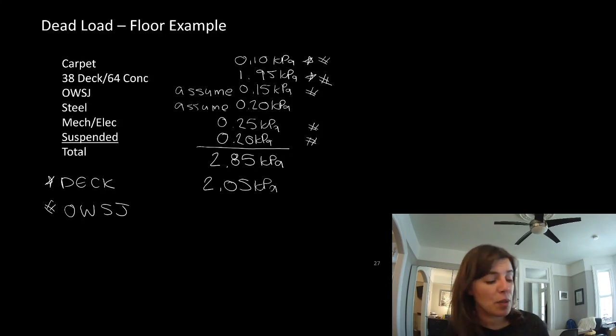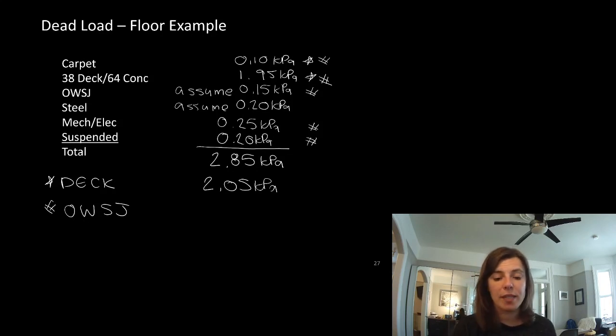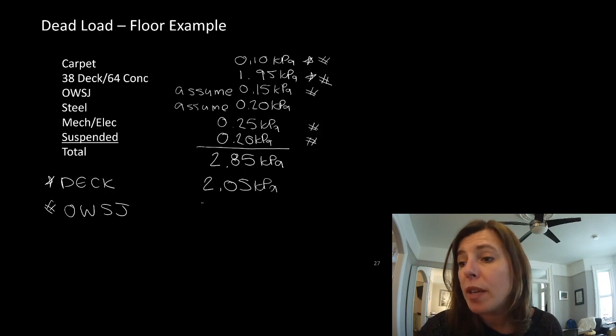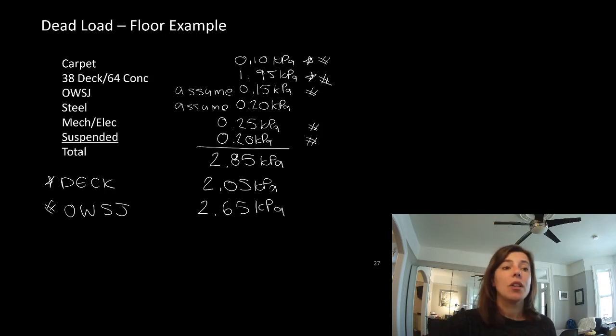The only thing they're not supporting is the steel, because the steel holds them up. So we end up being able to design the open web steel joists for .65 kPa.